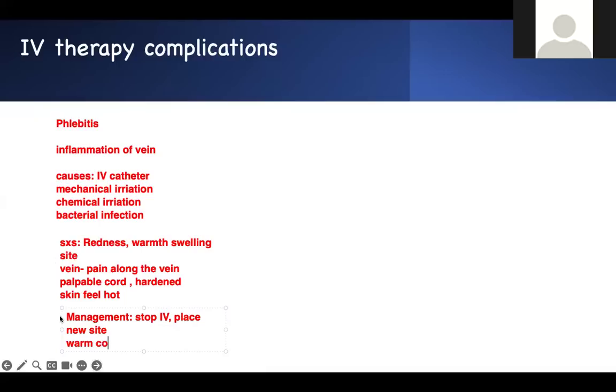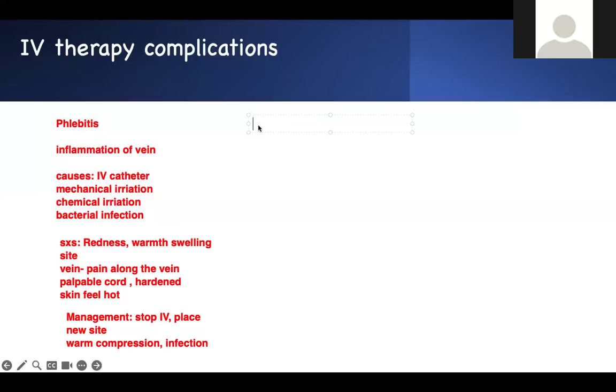Put a warm compress over there to help with the pain and the edema, and monitor for signs of infection. It's not a true infection, it's inflammation, but you have to monitor for that, like purulent drainage. And that's all. This is what it means by phlebitis. Trust me, they'll ask you what it is, how you see it, and how you manage it.